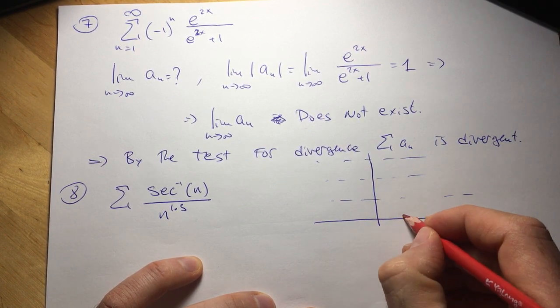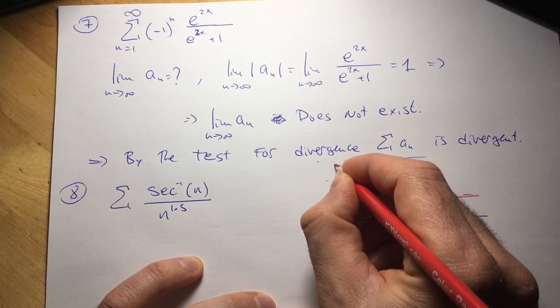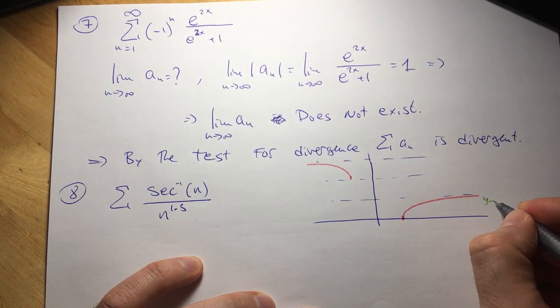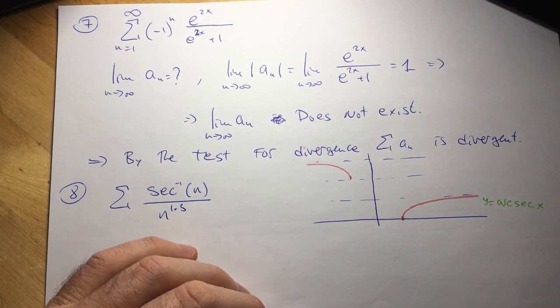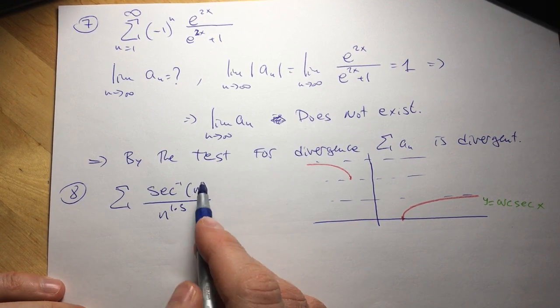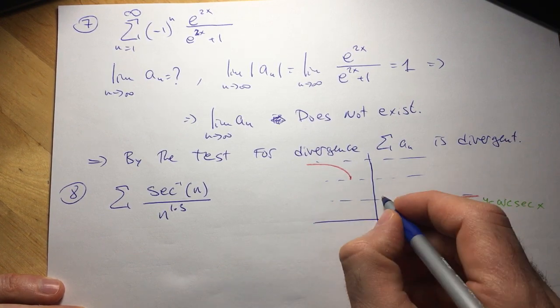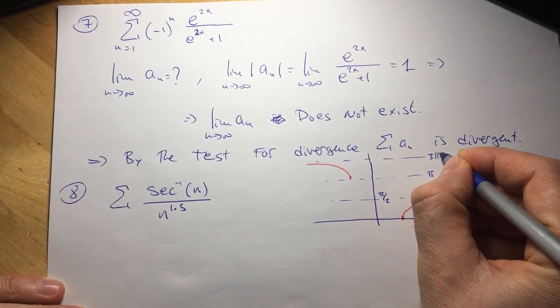Right, so this is the graph of arcsecant, right? But then also you can easily take the upper bound 3 pi over 2, so this is pi over 2, this is pi, this is 3 pi over 2.